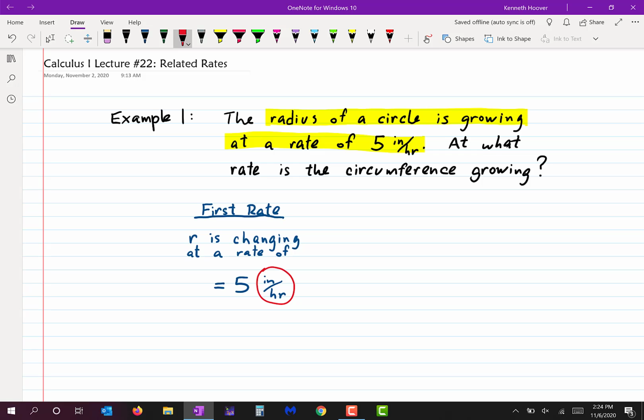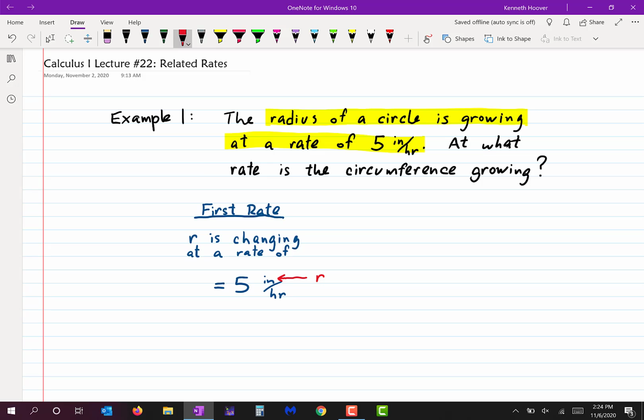What is measured in inches? Well, in this case, the radius is being measured in inches, right? That's a distance. That's the type of measurement. It's a distance measurement, and in this case, that distance is telling us how big the radius is.